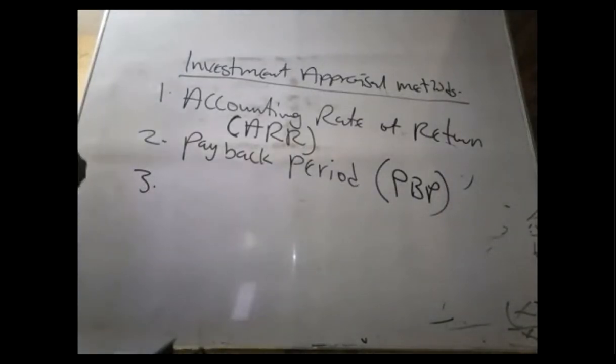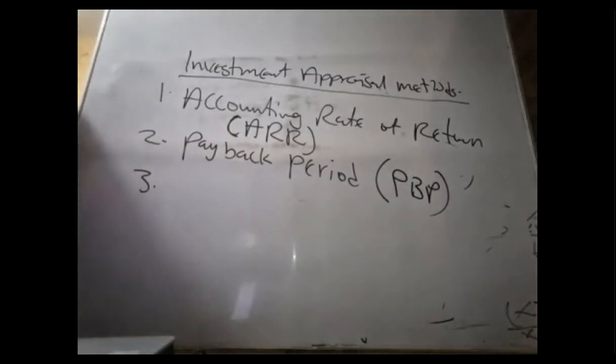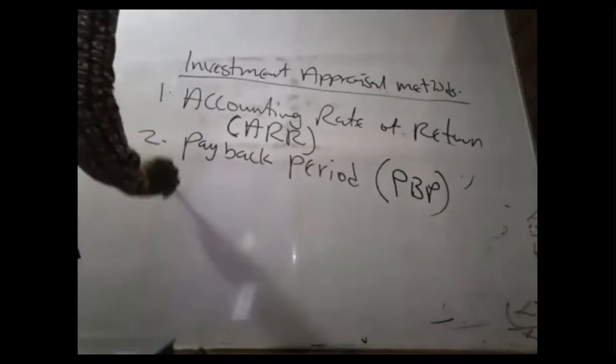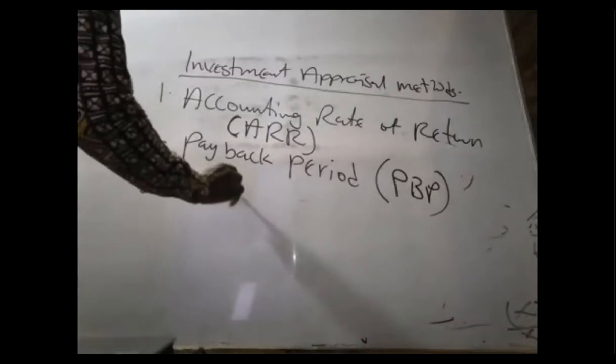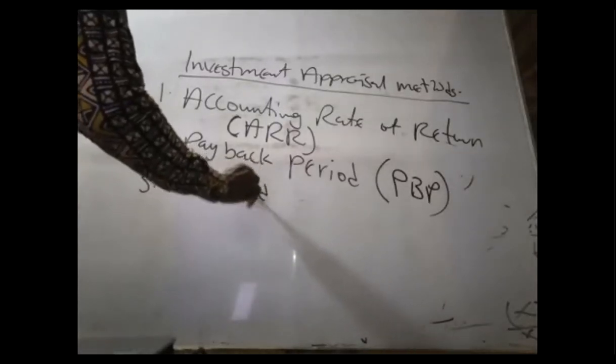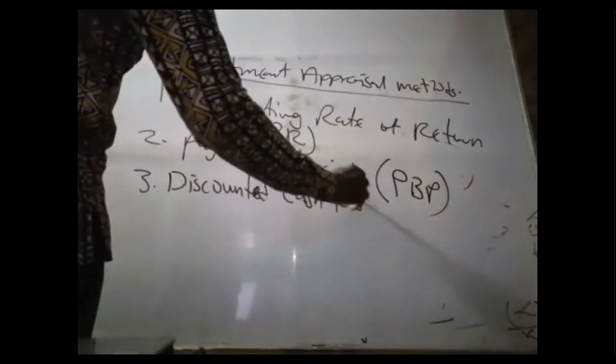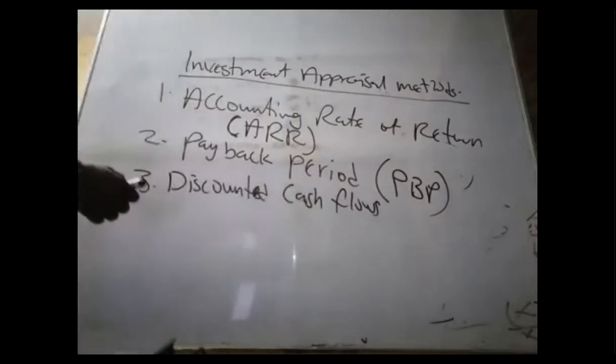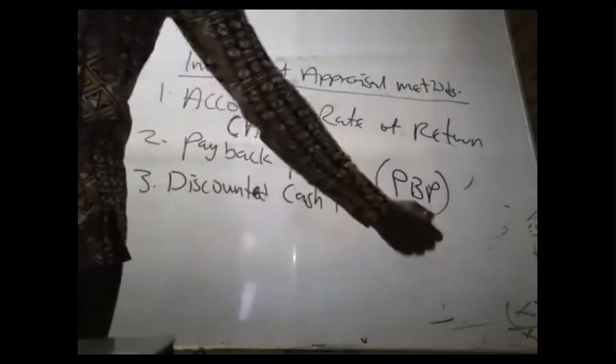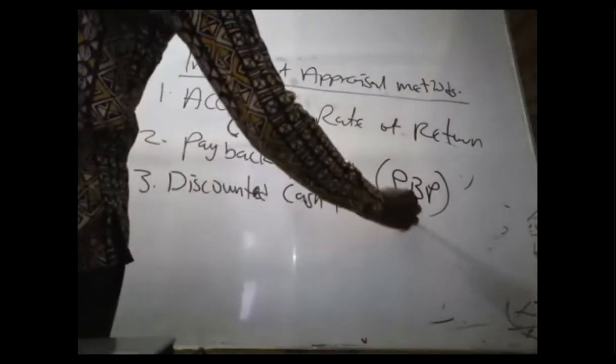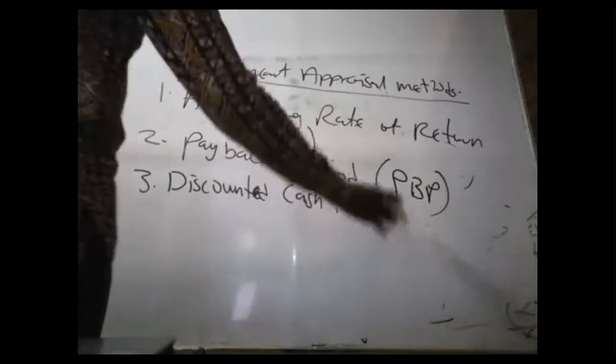Number three is like a cluster of methods put together. We put the remaining methods under one section. We call them discounted cash flow techniques, or methods.